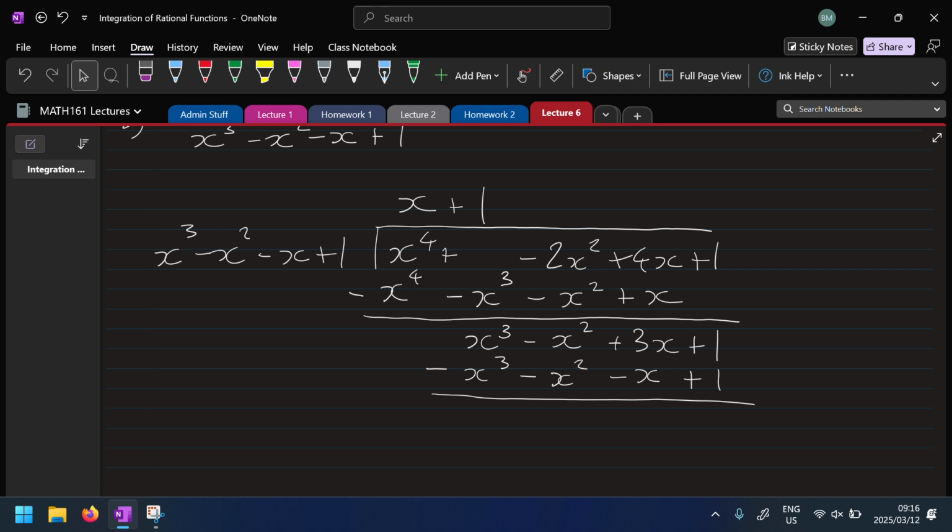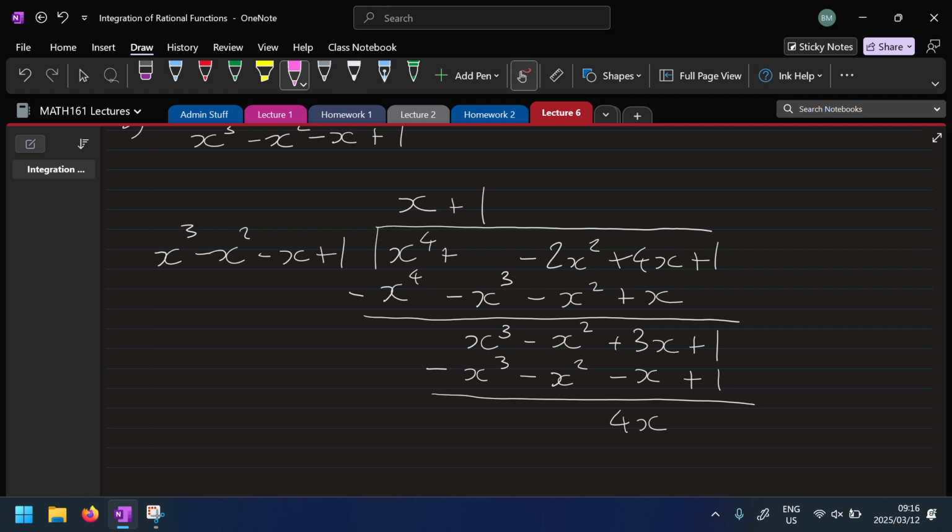Minus x squared minus x squared, that goes away. 3x minus x, that's a plus, so there will be 4x. And 1 minus 1, that goes away. Okay, now we see that this degree is 1. That other degree is 3. 1 is less than 3, so we stop there.